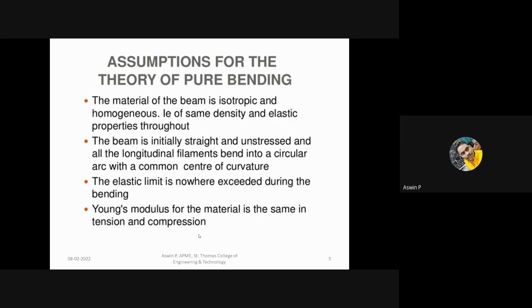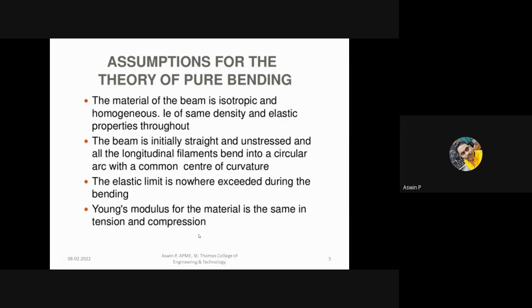And a very important one is the second: the beam is initially straight and unstressed and all longitudinal filaments bend into circular arcs with a common center of curvature. When we are deriving the equation of bending, we need to take the curvature or center of curvature. So the assumption is the beam should be initially straight and every layer is free to expand in every direction.